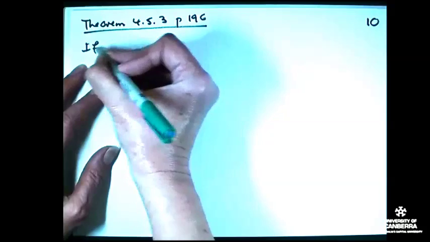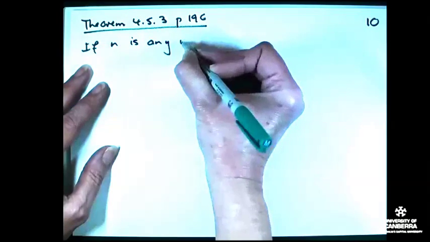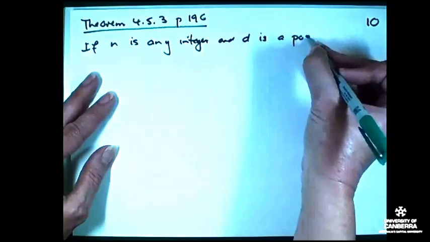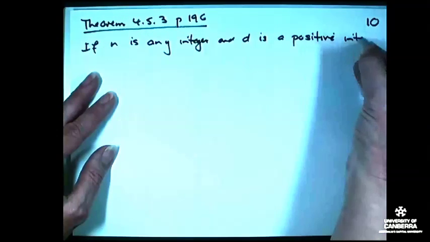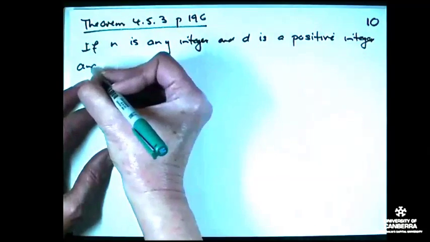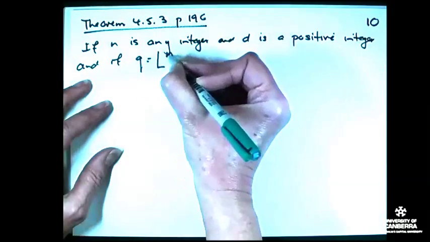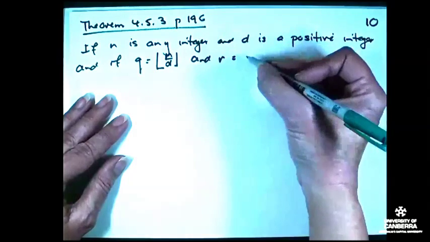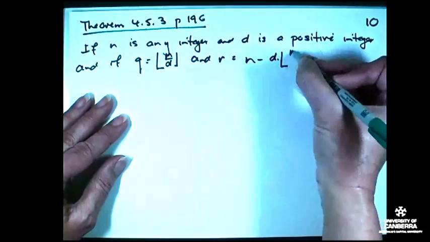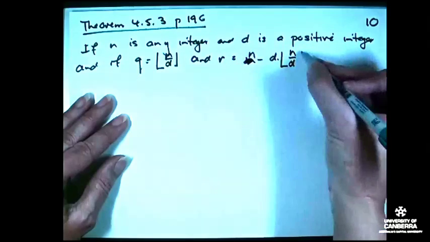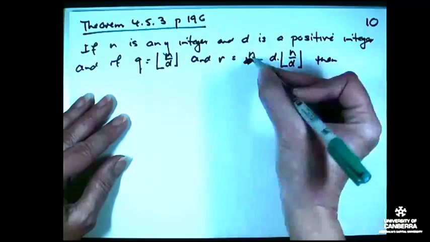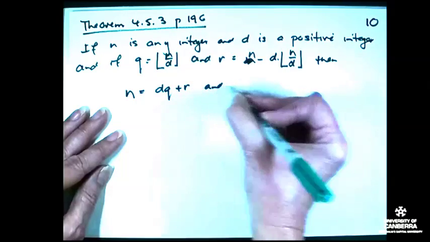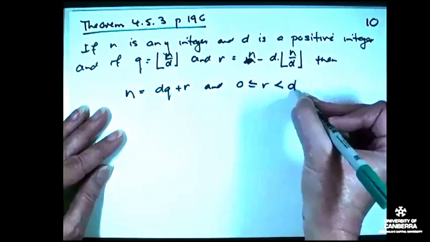It says, if n is any integer, and d is a positive integer, and if q is equal to the floor of n on d, and r is equal to n minus d times the floor of n on d, oh no, that is an n, I thought it was just a bad r, but it's actually an n, then n is equal to dq plus r, and 0 is less than or equal to r is less than d.